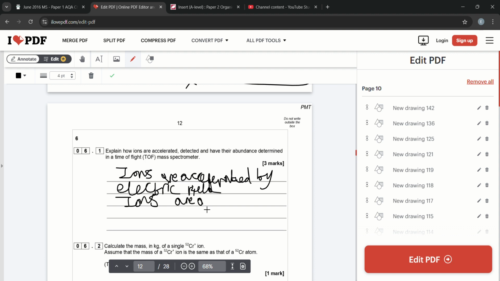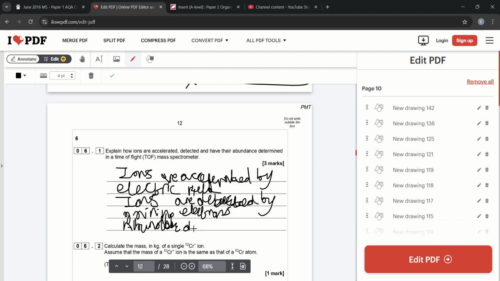Ions are detected by gaining electrons, and relative abundance is proportional to the size of the current.